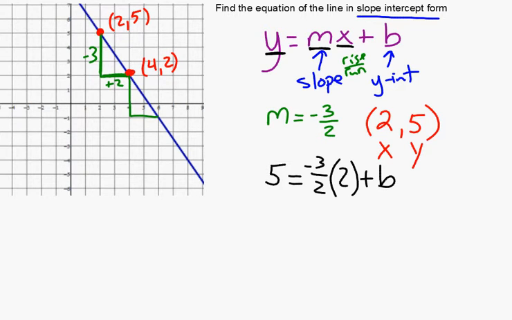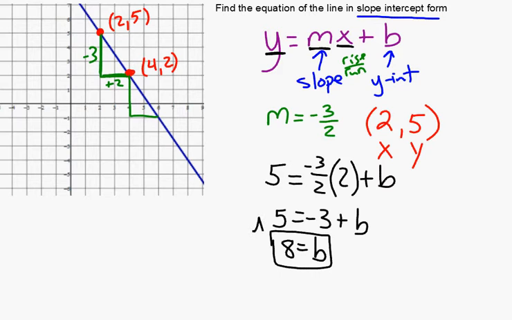I have one equation with one variable, so I can solve. I get negative 3 when I take negative 3 halves times 2, plus b. Add the 3 over, I get 8 equals b. So there's my b value, and there is my m value.